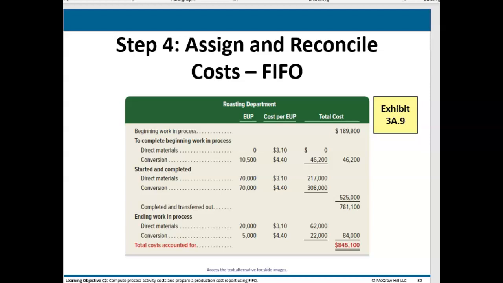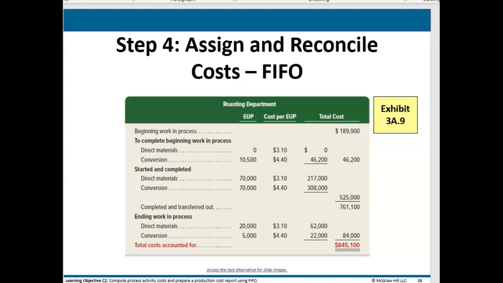Completed and transferred out costs total $761,100. This consists of the cost of beginning work in process, the cost to complete beginning work in process, and the cost of started and completed units. These units and costs move on to blending.